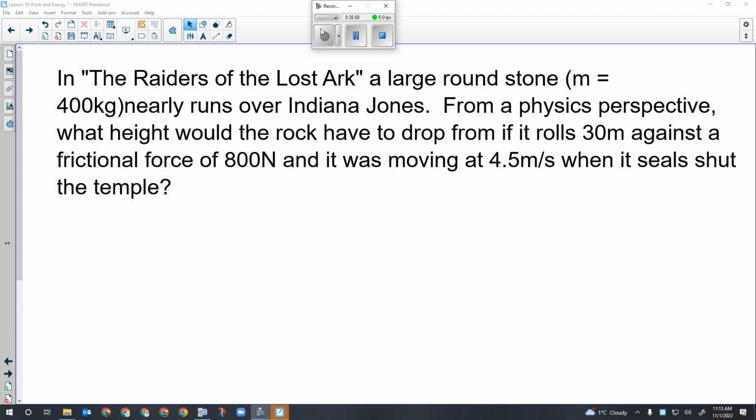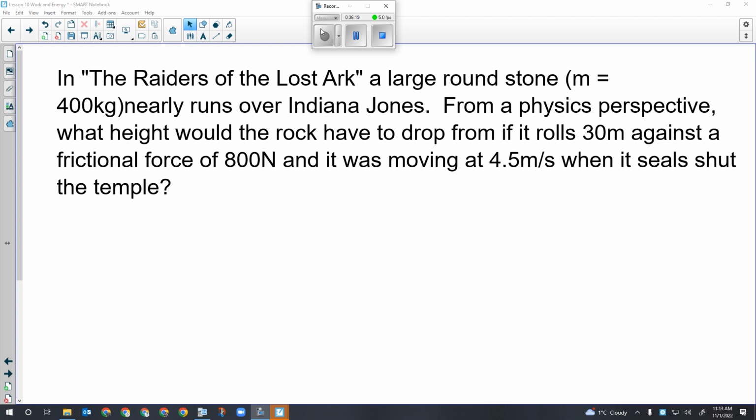Then he started running, and it rolled down that incline and sealed shut the temple. So what we want to look at is what height it would have been dropped from if it rolled for 30 meters against a frictional force of 800 newtons and was moving at 4.5 meters per second when it sealed shut the temple.